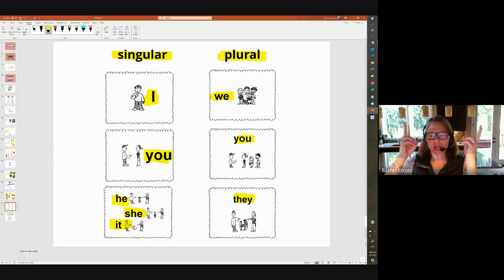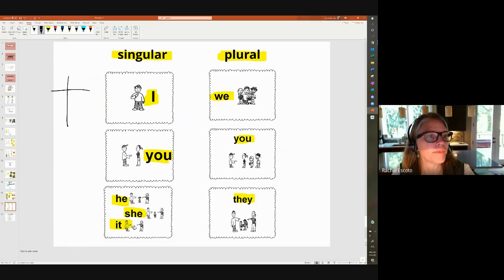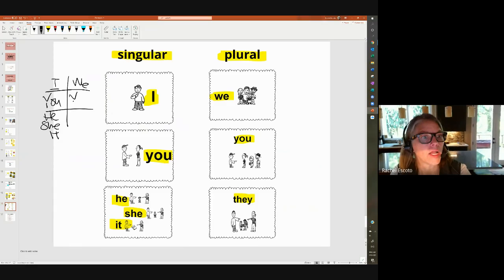And when you think about pronouns in English, this is important. The way that I set this up, I, you, he, she, it, we, you, they.